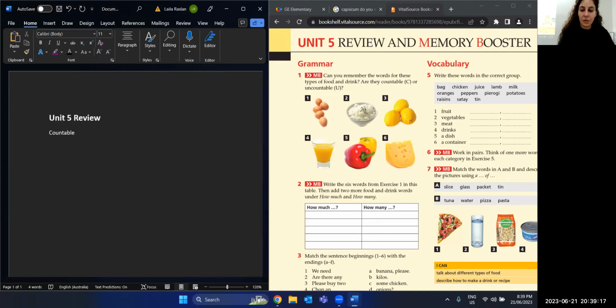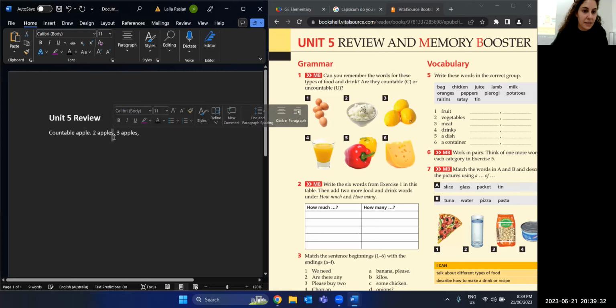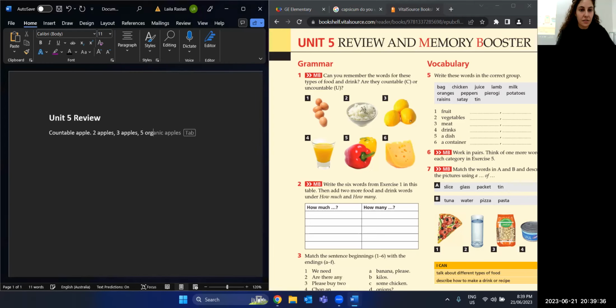So we have, like, apple. We can say 1 apple, 2 apples, 3 apples. So we can see that there's an S added to that countable. ES or S, doesn't matter. Oranges, 5 oranges, 6 pears, whatever. So that's what countable is.